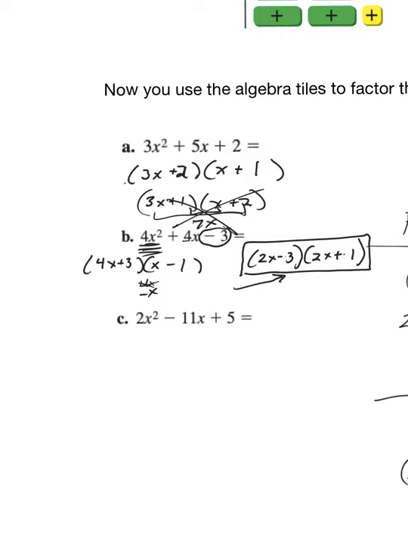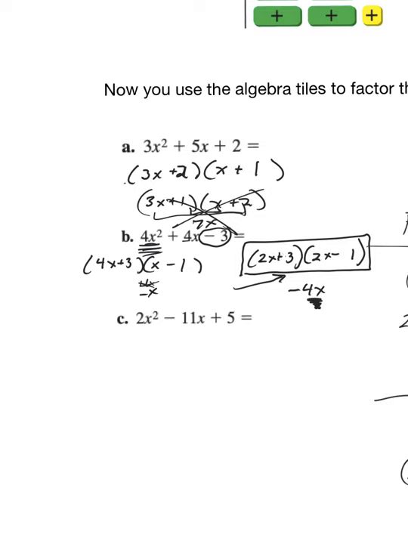You do the outside-inside check. Here you get negative 4x. Well, if the sign is different but the number is the same, just switch the signs, and that's going to give you the right answer. So you make this a negative 1, and you make this a positive 3, and then it will work.